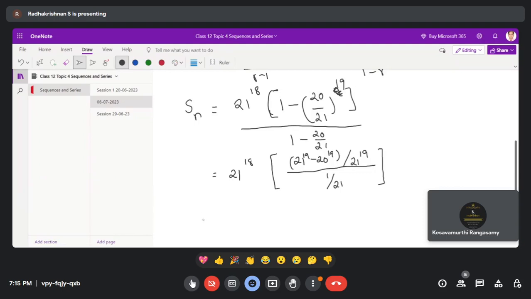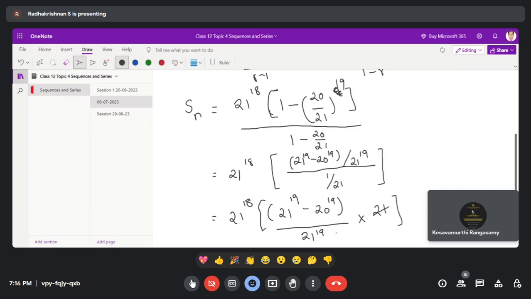Let me do one more step. 21 to the power of 18 into 21 to the power of 19 minus 20 to the power of 19, divided by 21 to the power of 19 into 21 divided by 1 by 21.